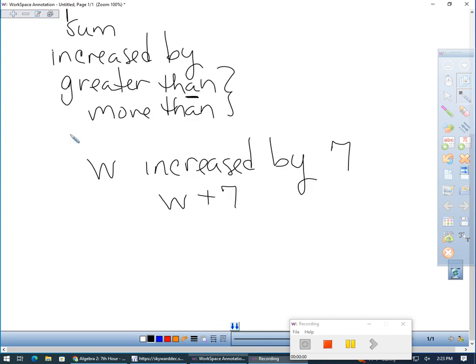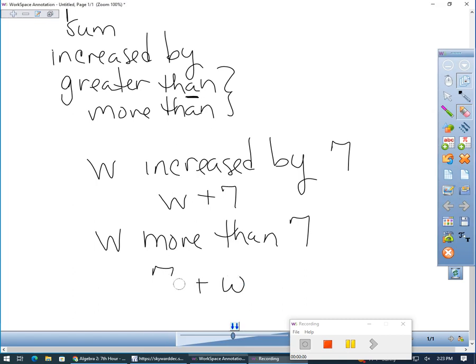However, if I were to say W more than 7, we have to flip them. So 7 has to go first, plus W. All right? Anytime you see the word than, it flips the places, right?